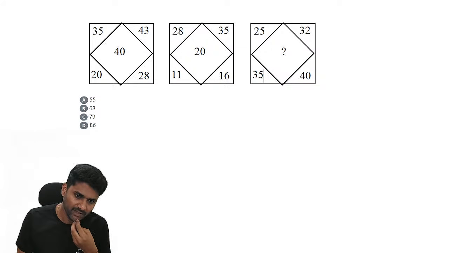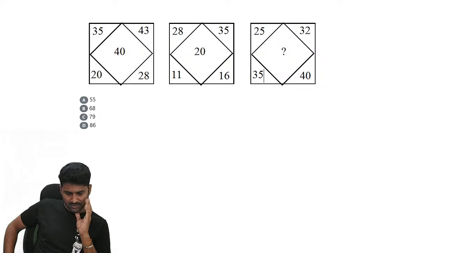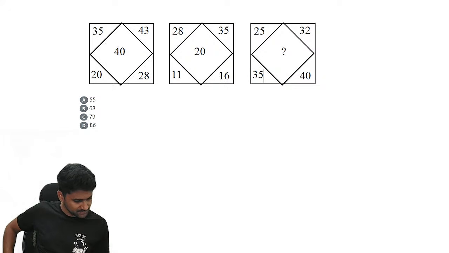So we need 40 by using all the four corners given and the center number. How is it possible? Try to apply any mathematical operations. You will get the resultant.